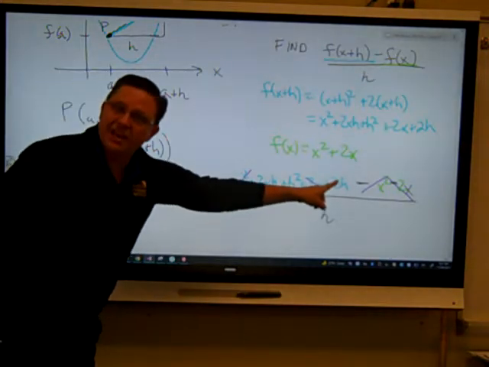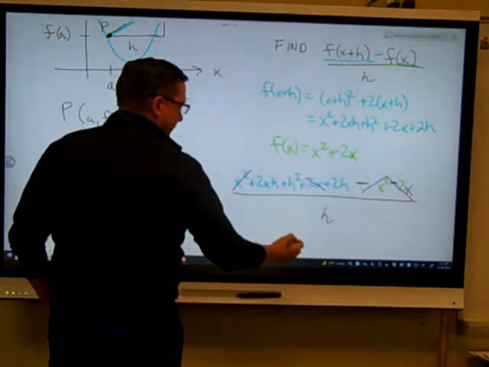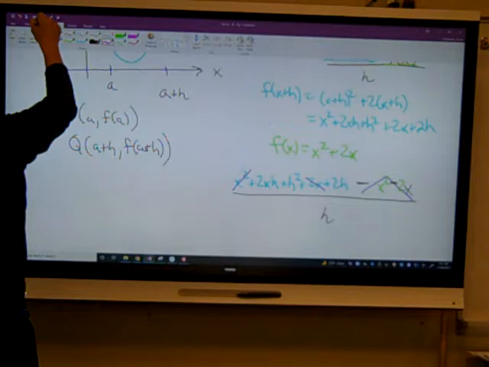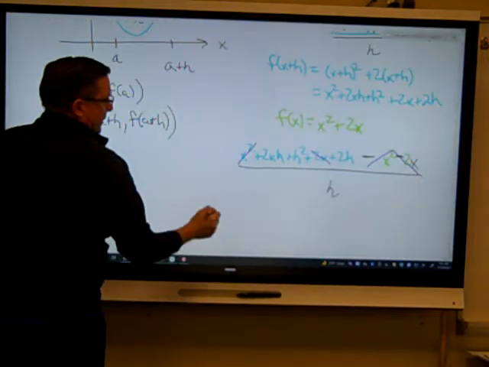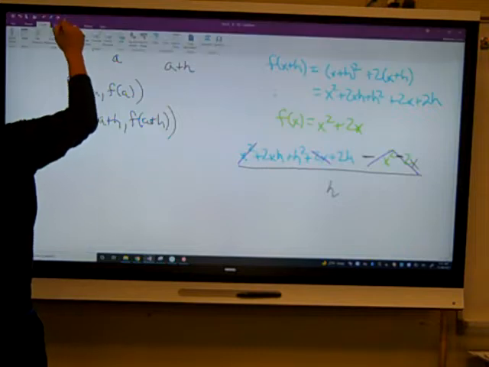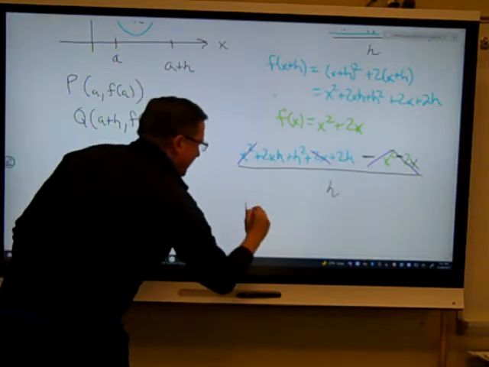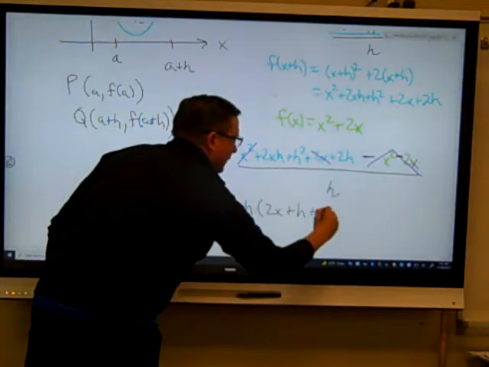And you notice that there's h in all the numerator function terms. So I'm going to factor out an h. All right? I need a little more board space. So I'm going to factor out that h. And here's what I get. I factor out the h, and I get 2x plus h plus 2.